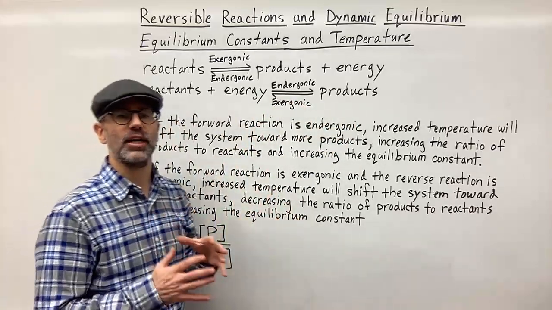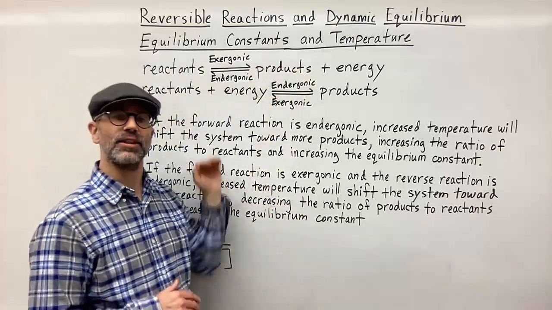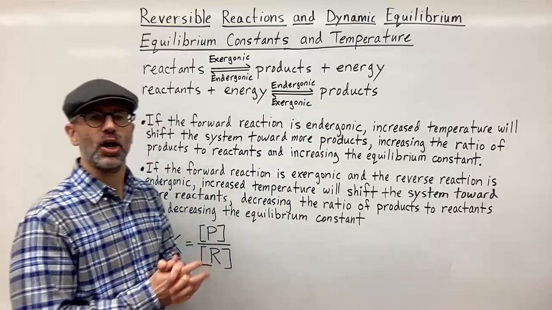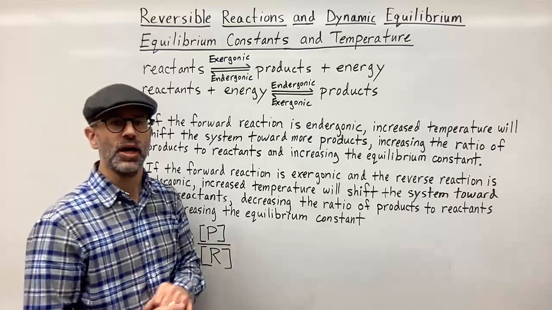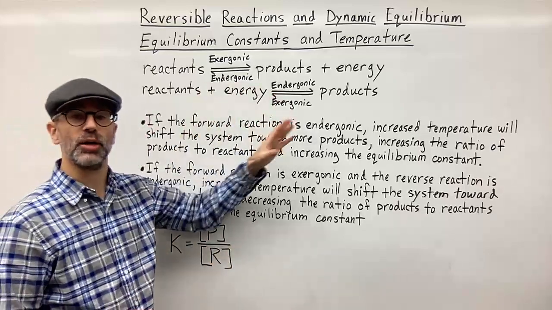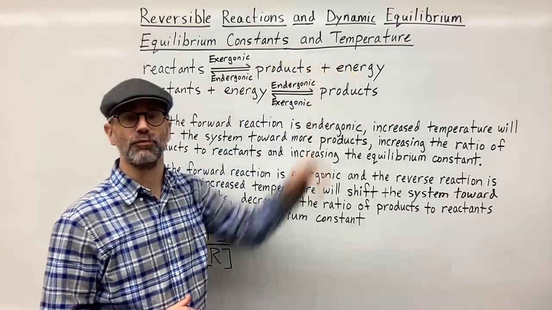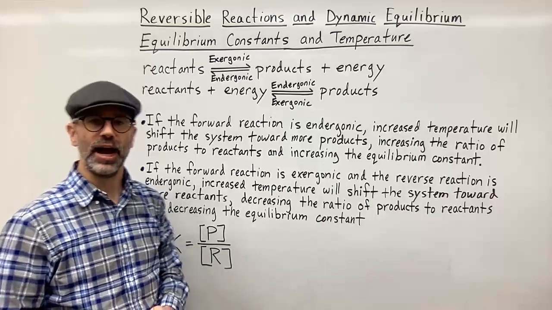But we normally think of things as exergonic or endergonic in the forward direction. So that's typically what we mean when we're talking about an exergonic reaction or an endergonic reaction. But since it's an equilibrium, it's good to keep in mind that if it's endergonic in the forward reaction, then it's going to be exergonic in the reverse reaction.